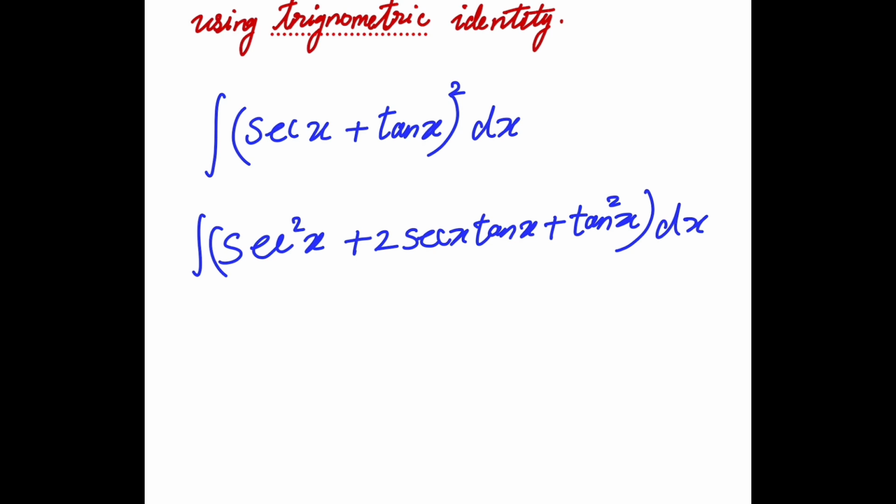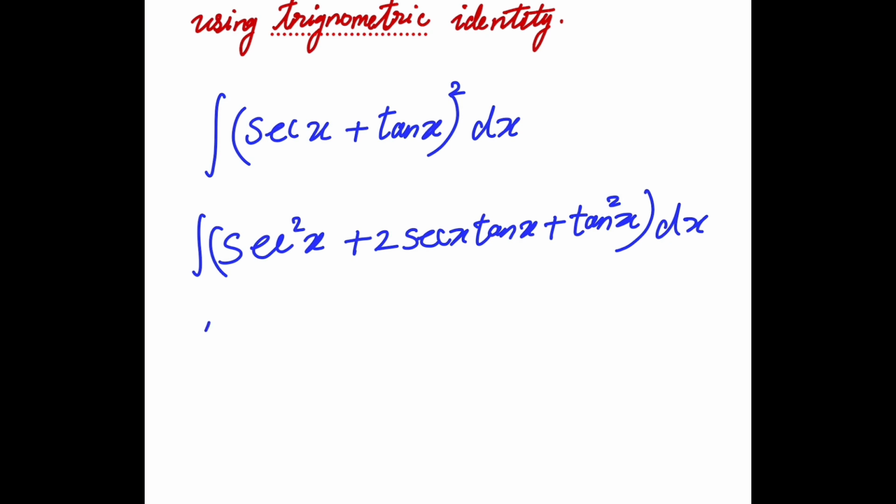Now, let's think logically. We know that the integration of secant squared is tan of x. So we'll be taking a look at the tan squared x expression here and recall a trigonometric identity which relates tan squared and secant squared.